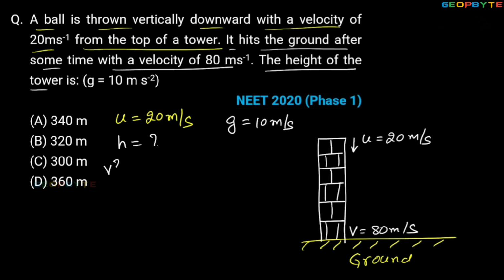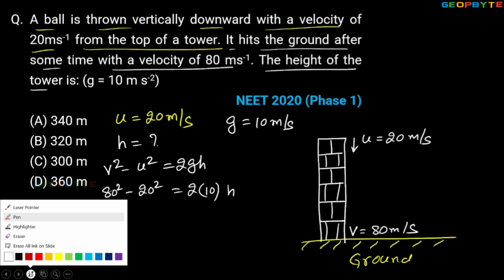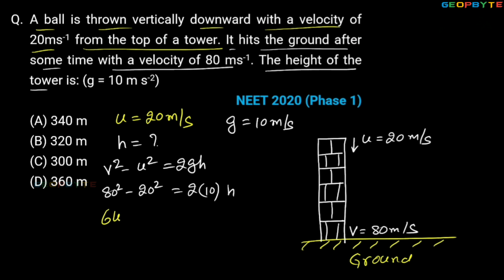Very simple problem. v square minus u square equals 2gh. v square, given 80 square, minus u square, 20 square, is equal to 2 into g, 10, into h. Here 80 into 80 is 6400. Here it is 6400 minus 400 is equal to 20 into h.